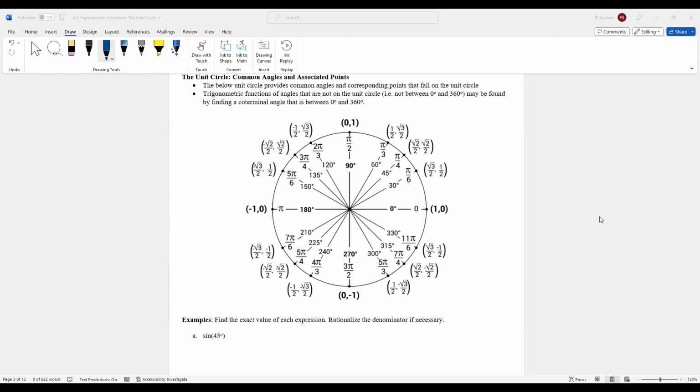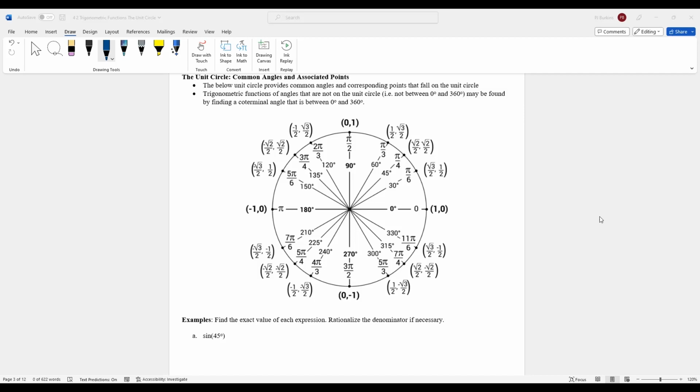All of these have very well-defined values for x and y that are irrational in some cases, but they are nice values like root 2 over 2. So if we would like to find the sine or cosine or any trig function of any of these angles, then we can just look at the unit circle to get them.